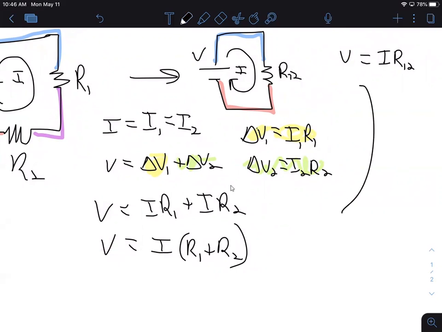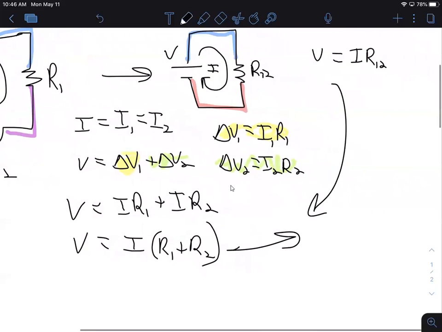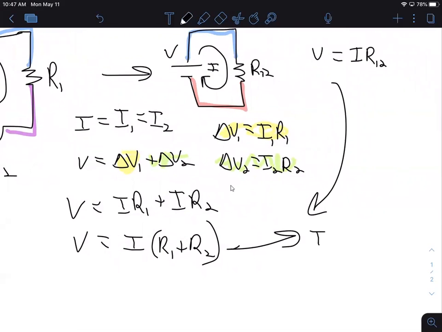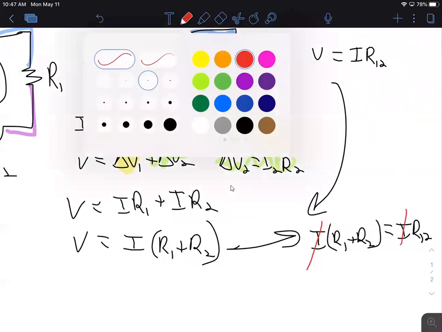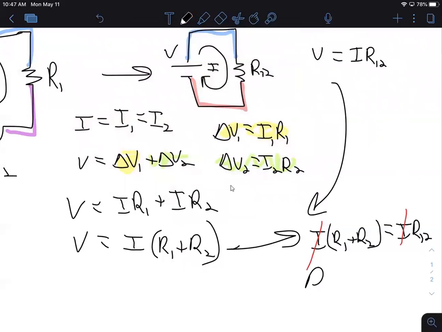So if I take those together, I can say I(R1 plus R2) has to equal I R12. And then I can cancel these I's, and I get R12 equals R1 plus R2.